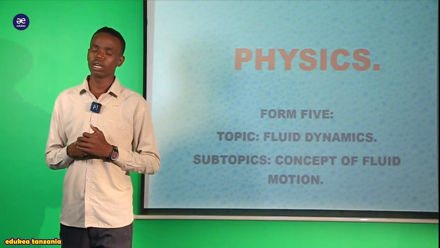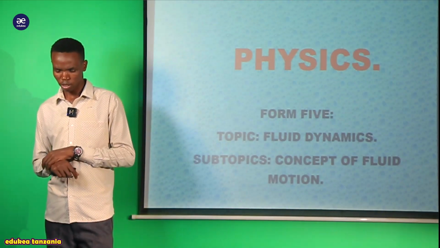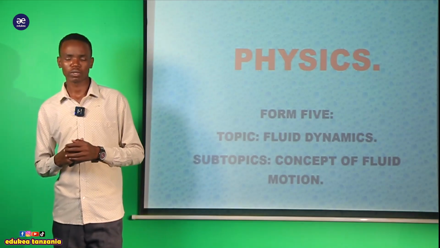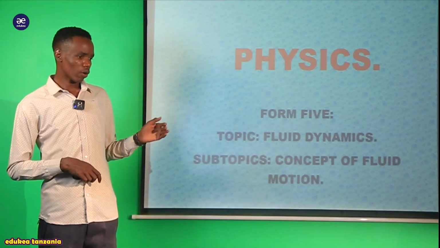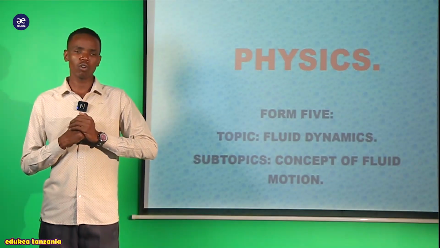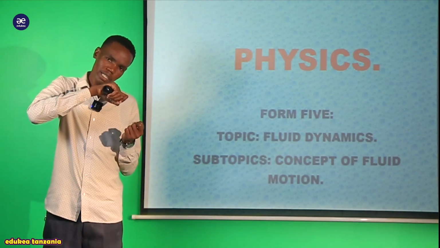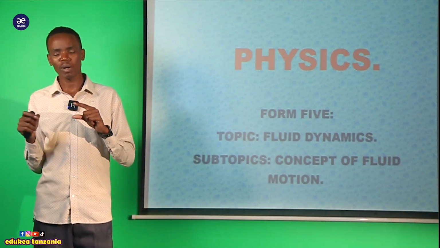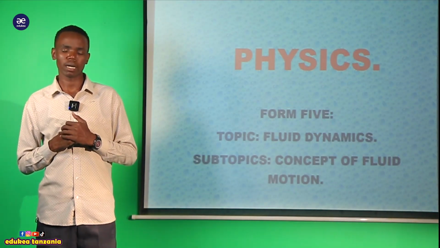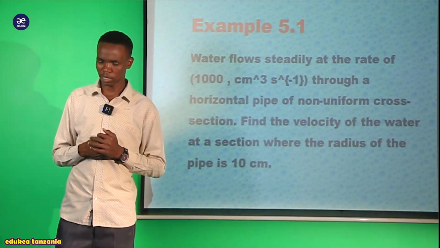So on the principle of conservation of mass, we said that the rate of mass entering at one point must be equal to the rate of mass leaving at the other point.